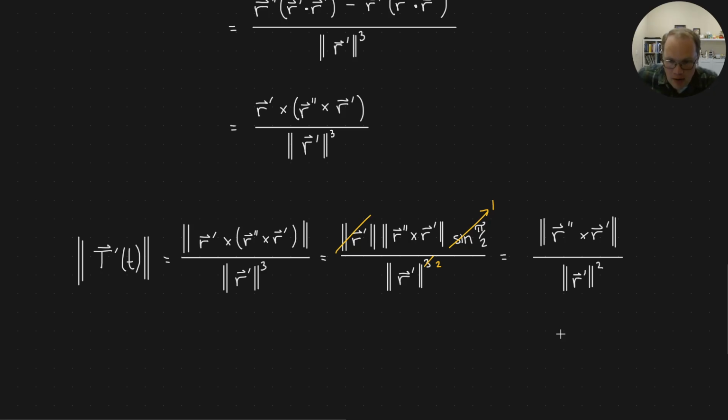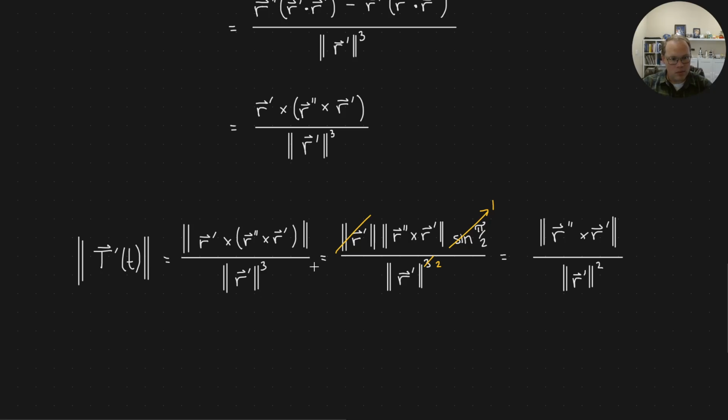Okay? All right. We now have a nice expression for the norm of t prime of t that does not involve any arc length parameters. It also doesn't involve us having to normalize any vectors and take the derivative of those normalized vectors, which really is very unpleasant to do. Okay?